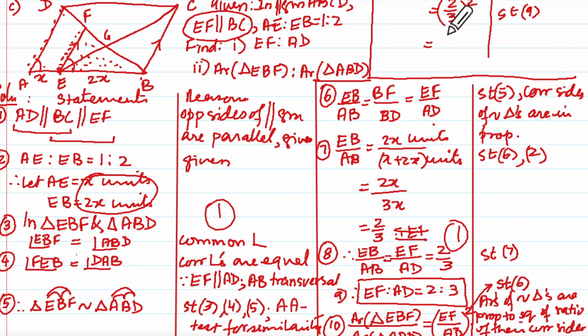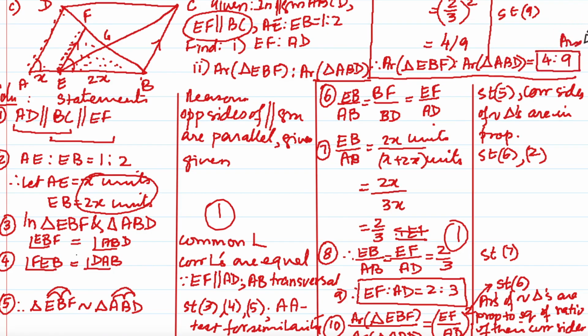And that will be equal to 4 upon 9. But they are asking this way, so you will write it the same way. Area of triangle EBF is to area of triangle ABD is equal to 4 is to 9. Okay, and that is our answer. So now this will be 1 mark.